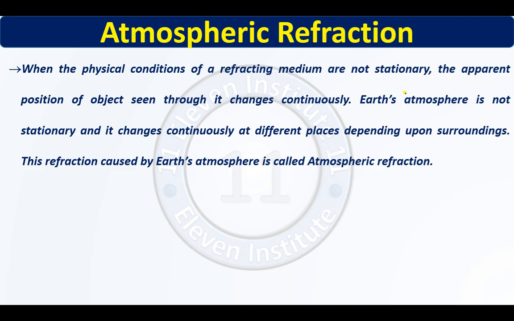So Earth's atmosphere is not stationary, it changes continuously at different places depending upon the surroundings. This is the reason why Earth's atmosphere changes continuously, because different places have different surroundings. The atmosphere in Gundal is due to our surroundings.